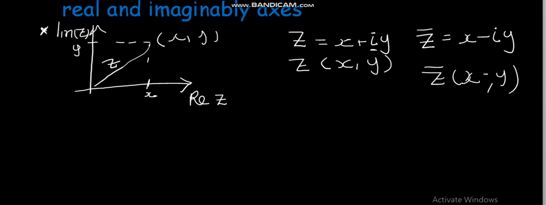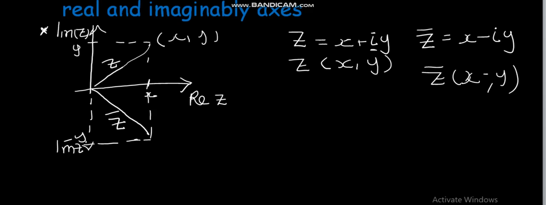So this is x and we need a negative y, so it is going to go on the negative imaginary axis. We shall find another point that is y but negative. Upon plotting, that's what we get, and this is our z bar, the conjugate.